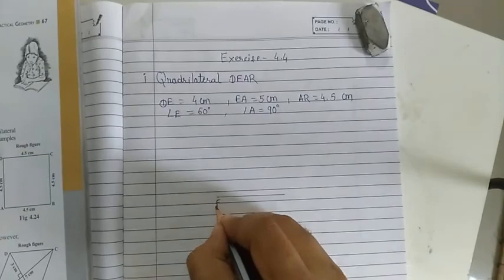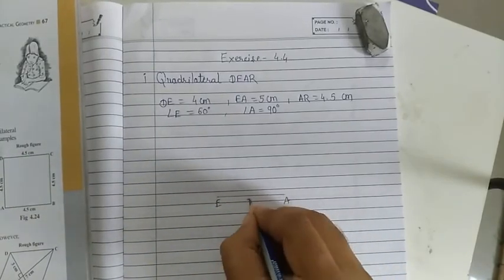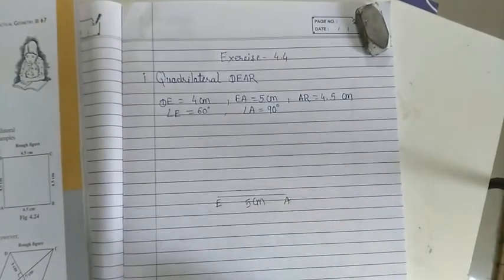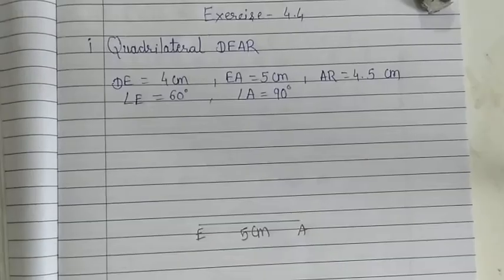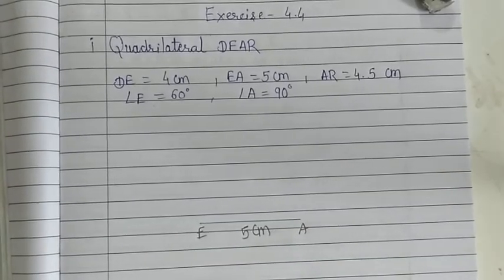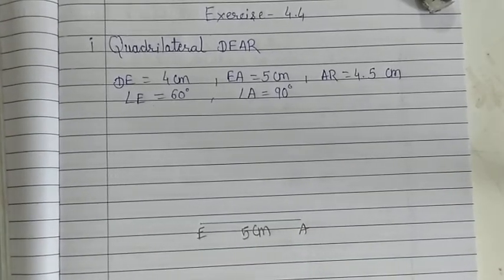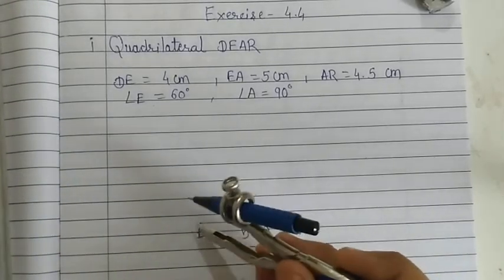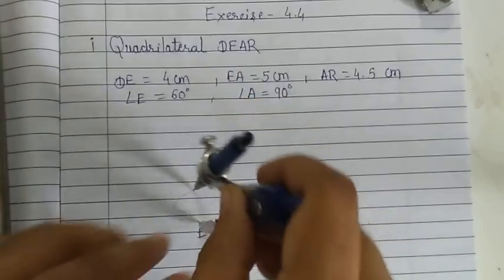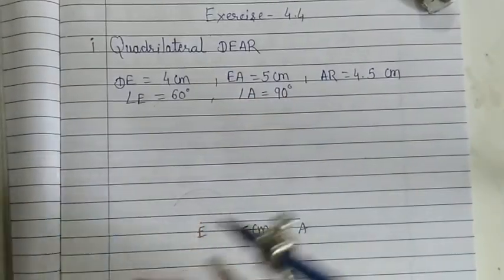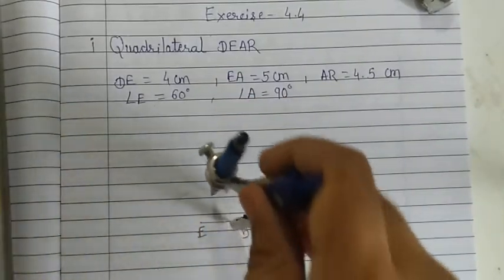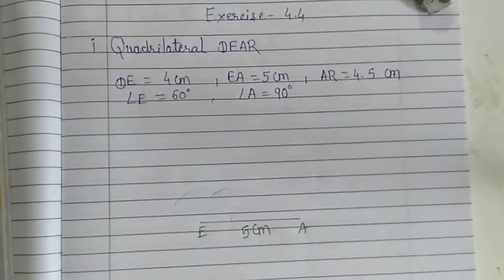Okay, now the next step, draw the angle E equal to 60 degrees. We can draw the angle with the help of a compass. So take the compass. So it is the 60 degree angle, and our 60 degree angle is ready.